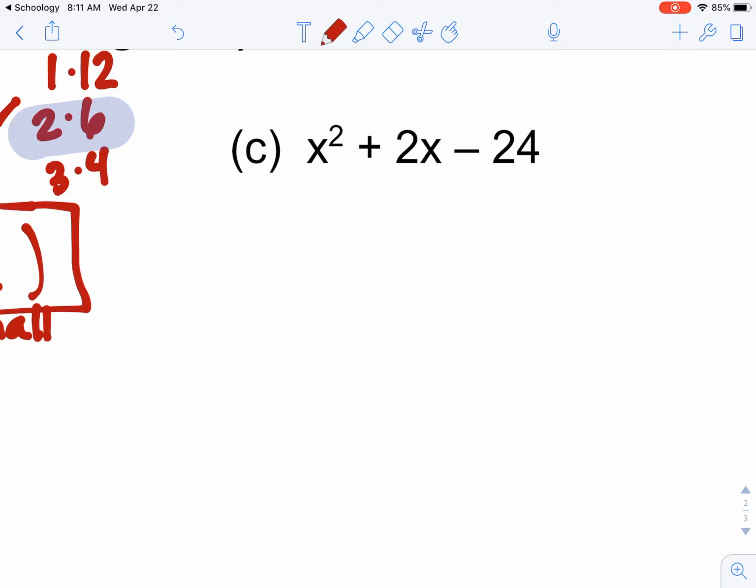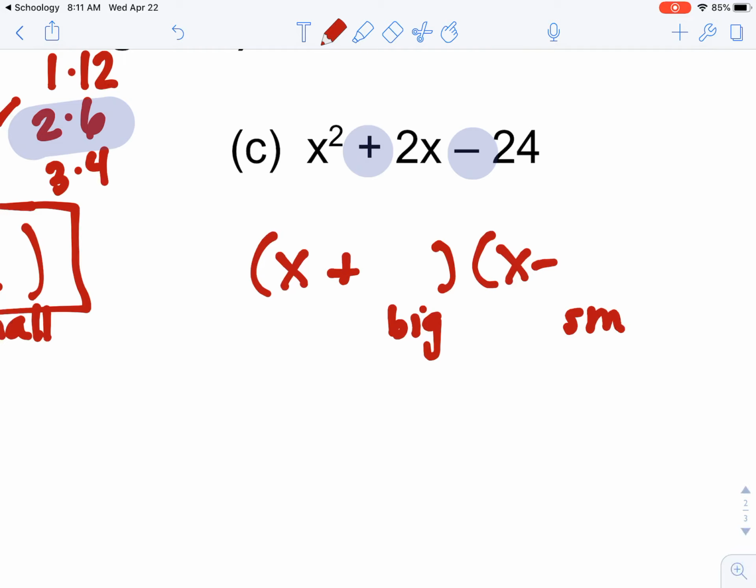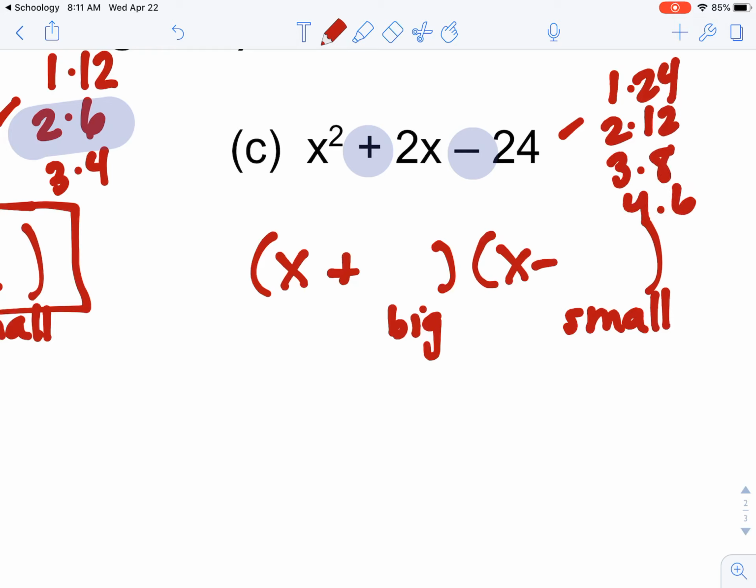All right, look at my signs again. So I'm going to have x plus the big, times x minus the small. Looking for factors of 24. 3 and 8. 4 and 6.